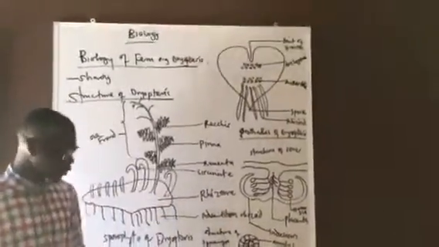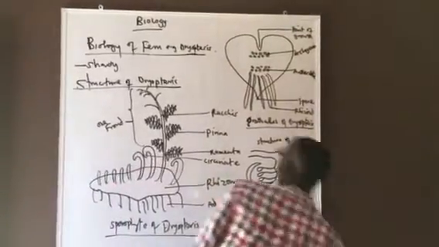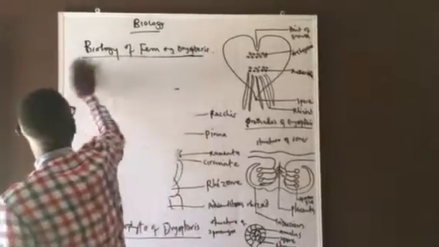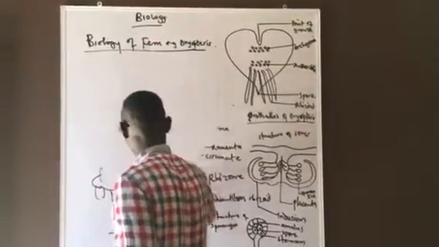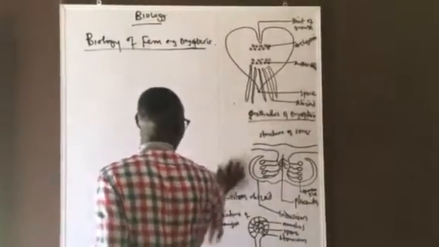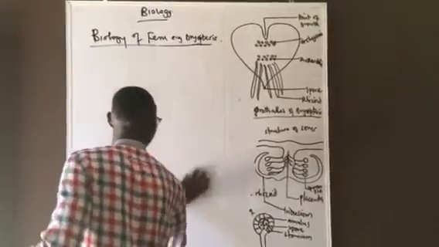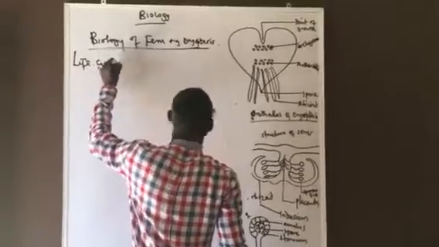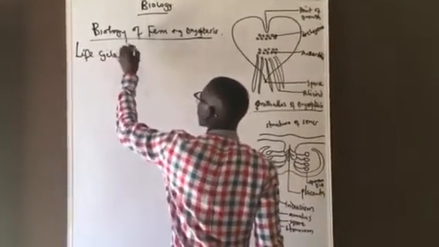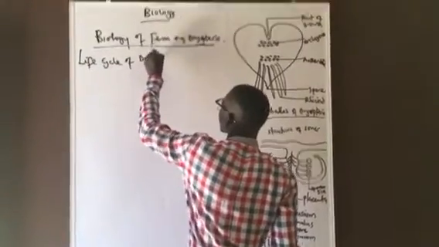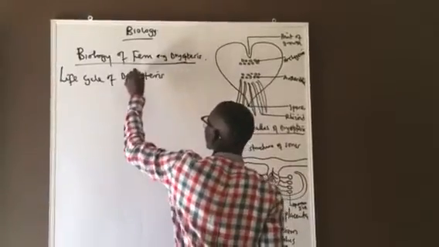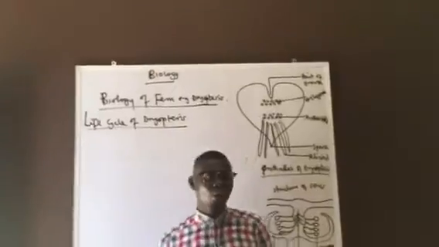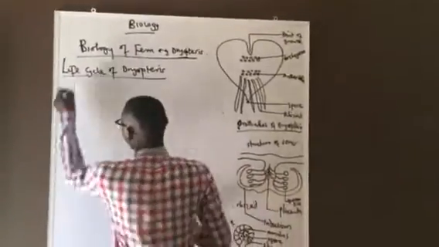So when we talk about the life cycle, let me quickly explain the life cycle. The dominant generation is the sporophyte. So let's talk about the life cycle now. So the life cycle is completed via alternation of generation.